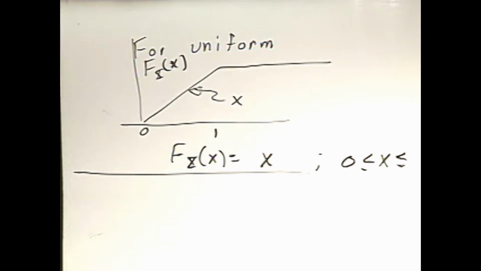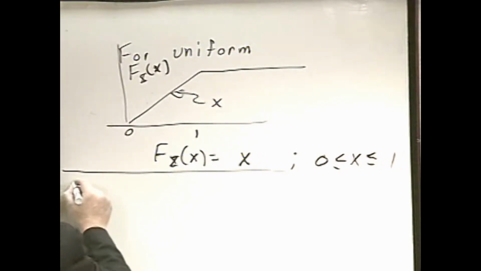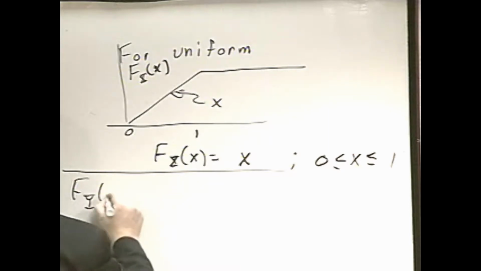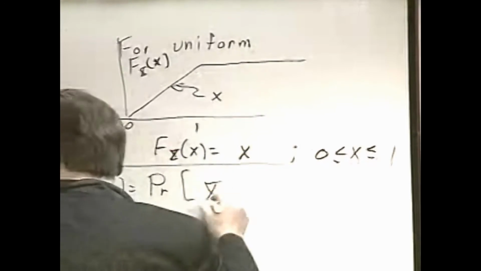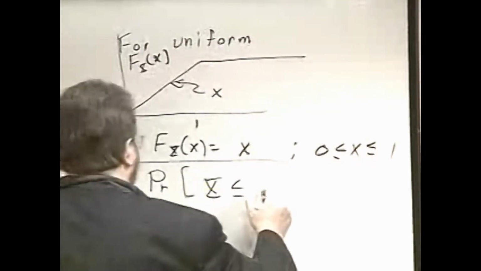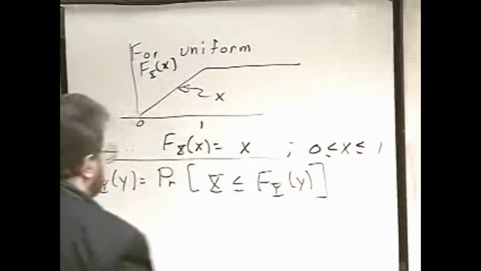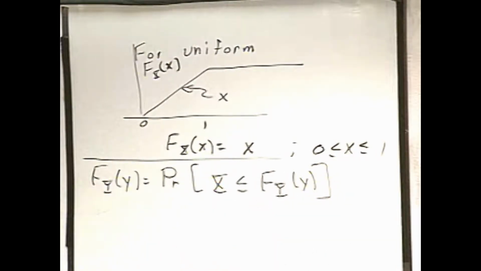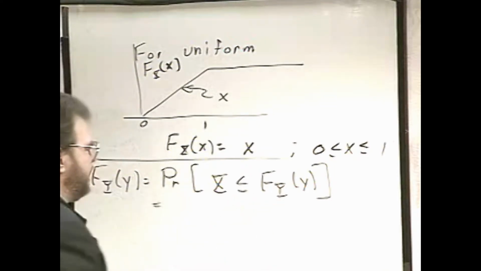With that in mind, let's recopy the solution we had at the bottom of the previous board, that f sub y of y is equal to the probability that x is less than or equal to f sub y of y. But you'll notice that this is nothing more than the cumulative distribution function.